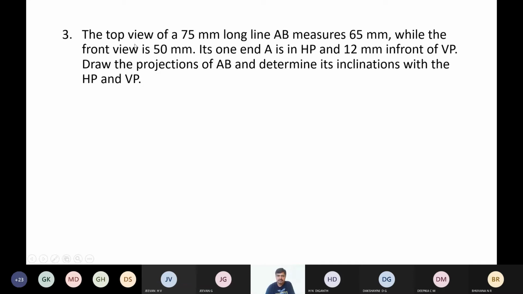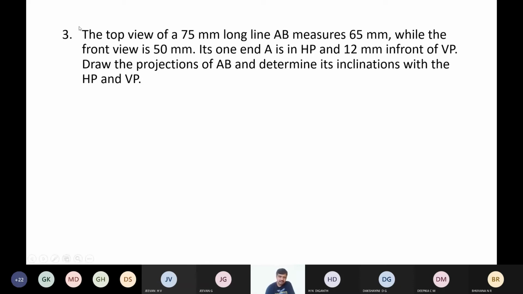In the first sentence, what they are trying to communicate is that the actual length of the line is 75 mm, but it measures 65 mm in top view. That is what they want to convey, but in a confusing manner. In the exam also, data will be given like this only, so you must be able to interpret properly.